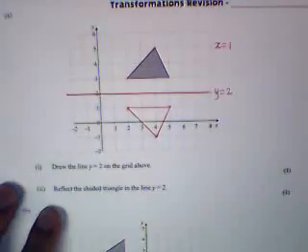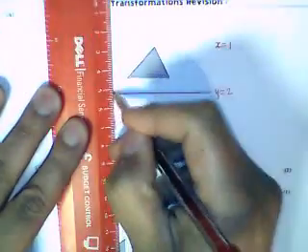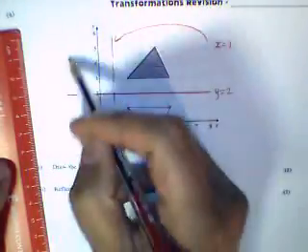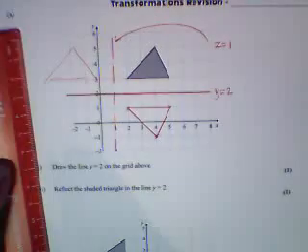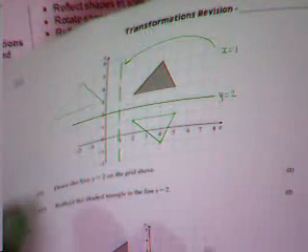Here, this vertex, this corner, is 1, 2, 3 away from the mirror line, so it's going to be 1, 2, 3 away from this side of the mirror line, and we can join that up and we have our shape plotted and drawn, and that's all you'll be required to do for reflection.